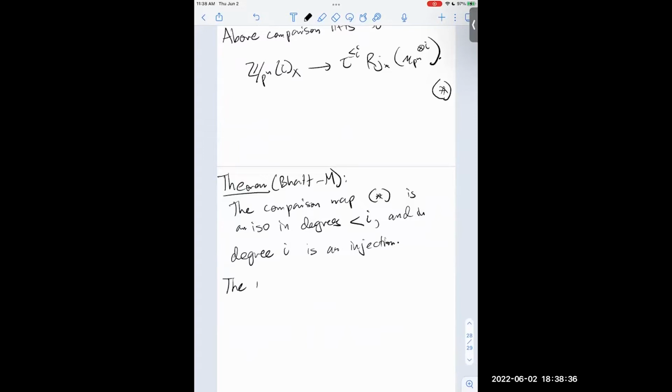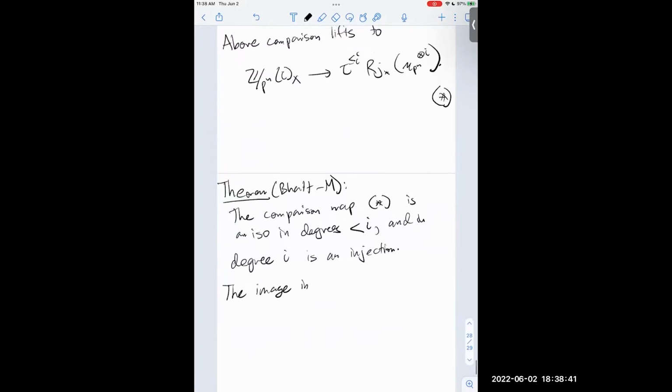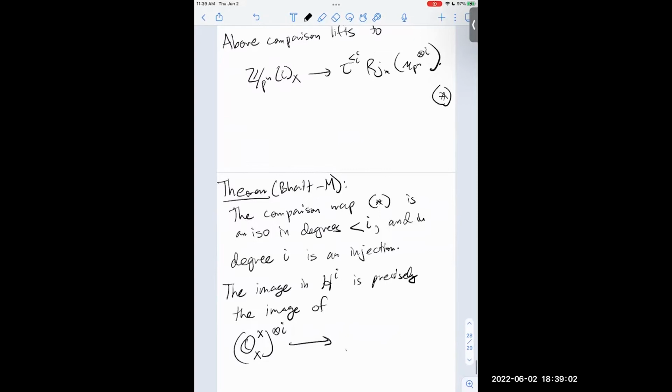The image in the top cohomological degree is precisely the image of the symbol map from O_X^× tensor i into R^i j_* of μ_{p^n}^{⊗i}.